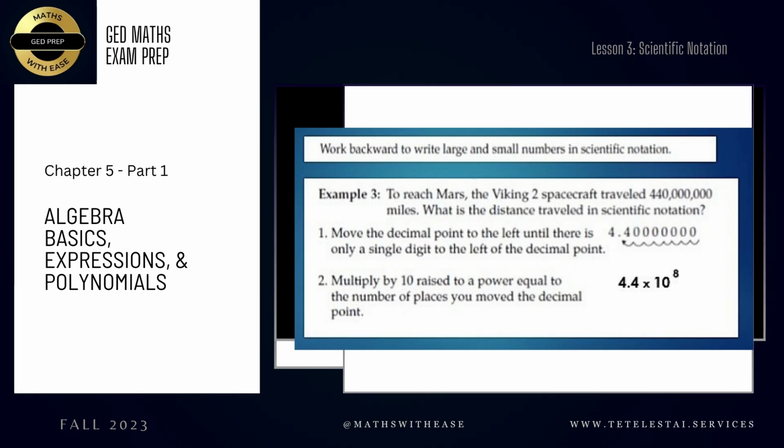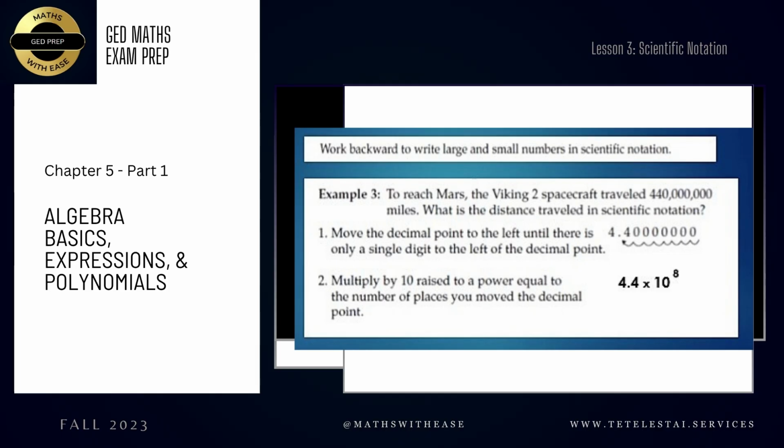So we carry our imaginary decimal point 1, 2, 3, 4, 5, 6, 7, 8 places over to the left. And so 440 million can be written in scientific notation as 4.4 times 10 to the power of 8.